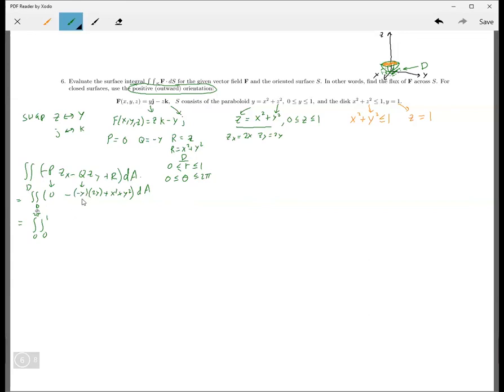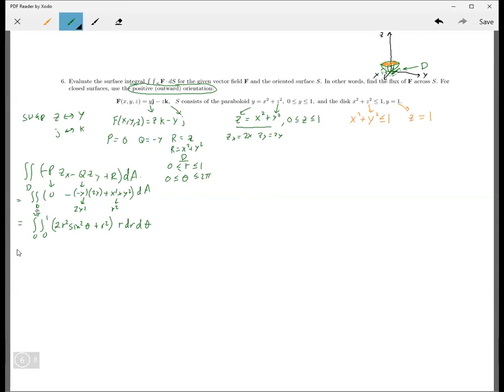Okay, so we have this is 2y squared, and then this is going to be r squared. But y is r sine theta. So that's r squared sine squared theta plus r squared, and then your dA becomes r dr d theta.